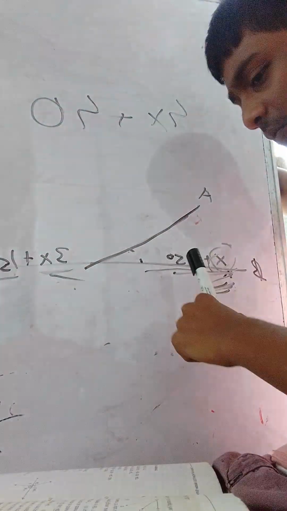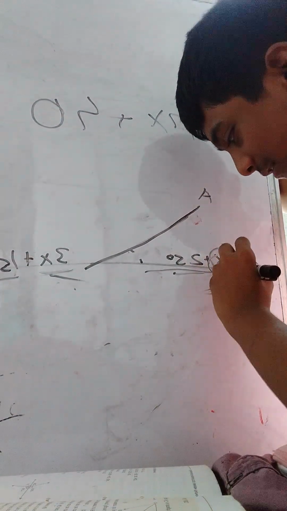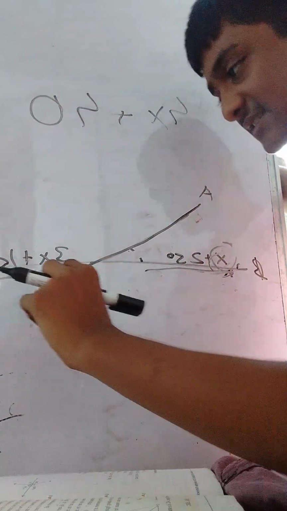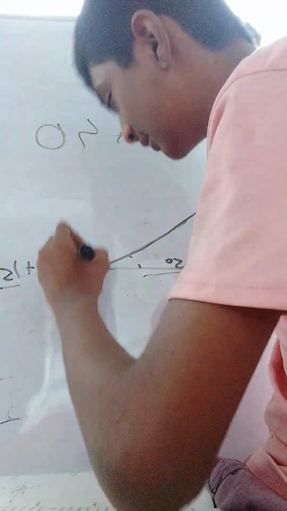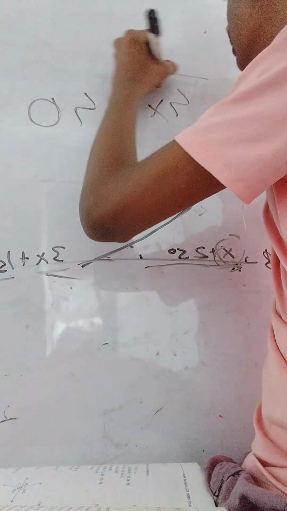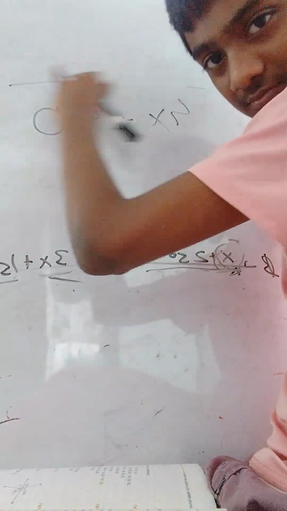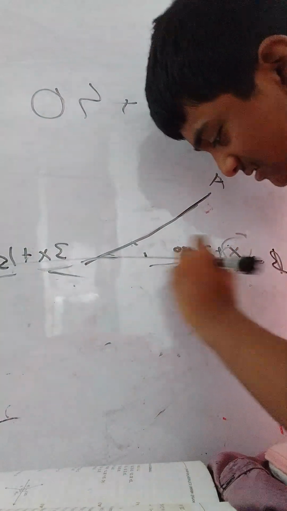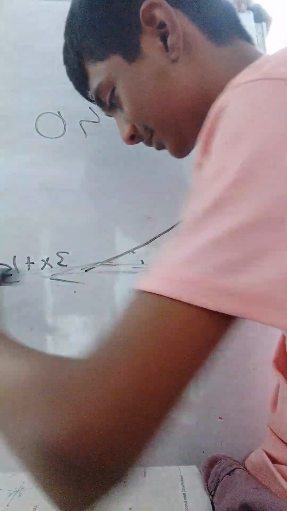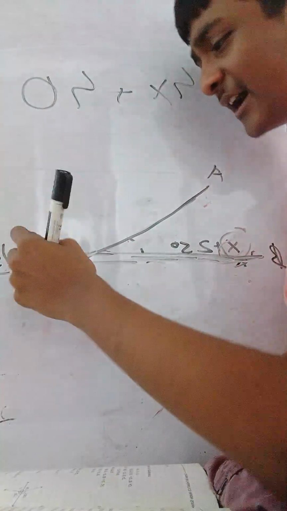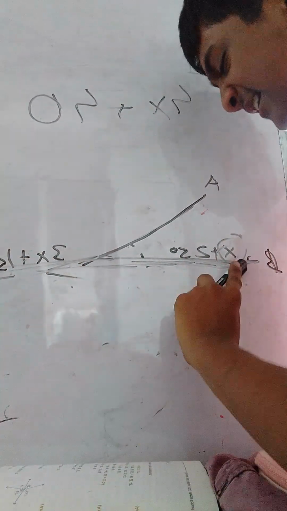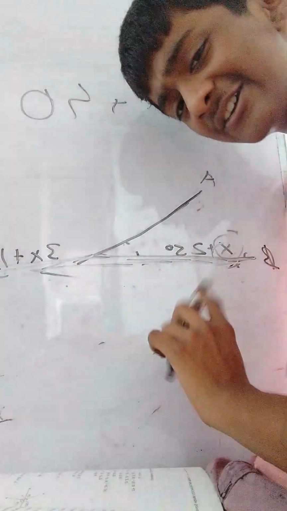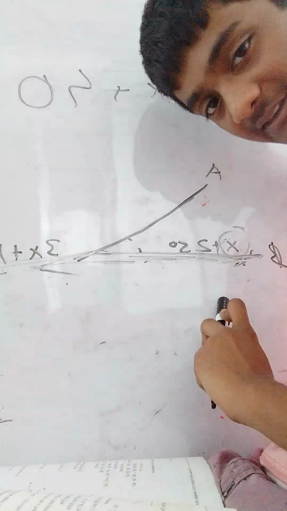Now that you got 4x plus 40, let's see the angle. Now here what do you see? Here you see a straight line, right? Now 3x plus 15 and x plus 25 are sitting on a straight line, right?